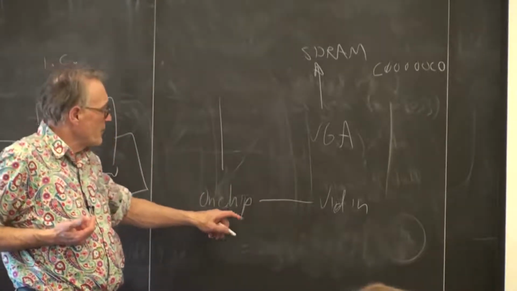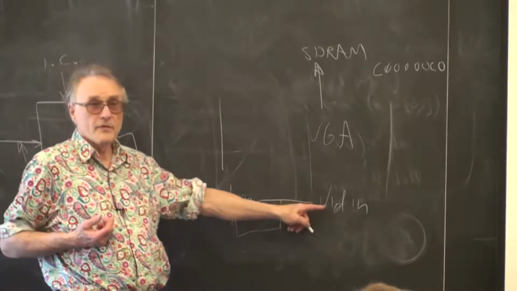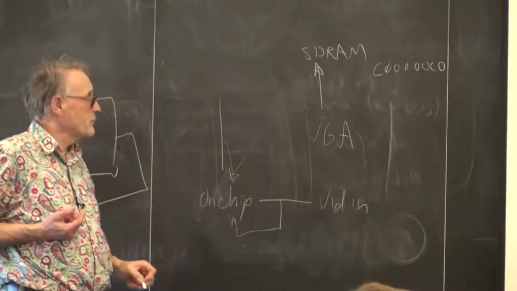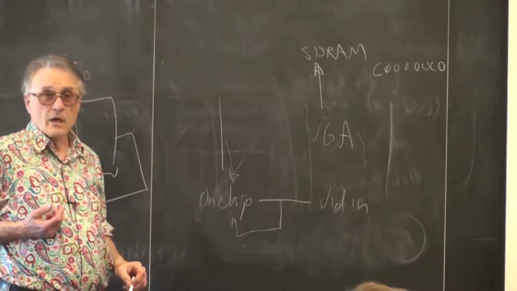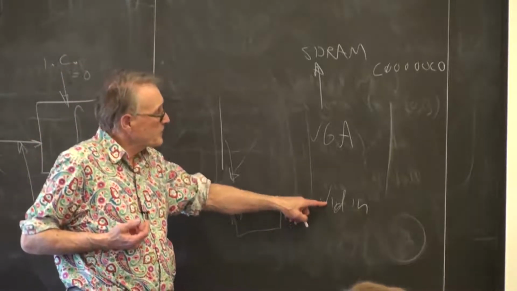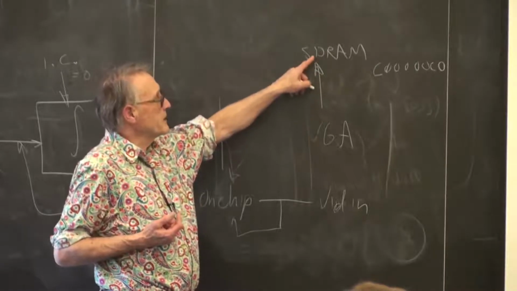The on-chip memory is two-ported, and you want to be able to drive the clock off of the video input and also simultaneously read it onto the bus. So the on-chip memory will do the video in, and the VGA will be connected to SDRAM.